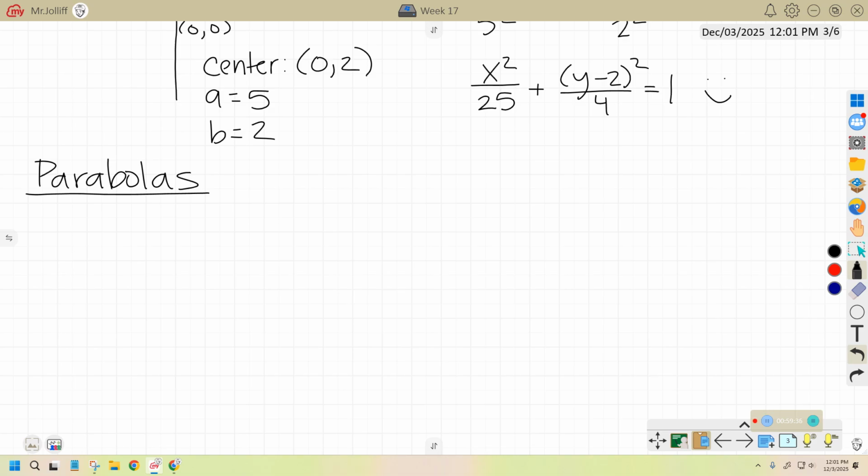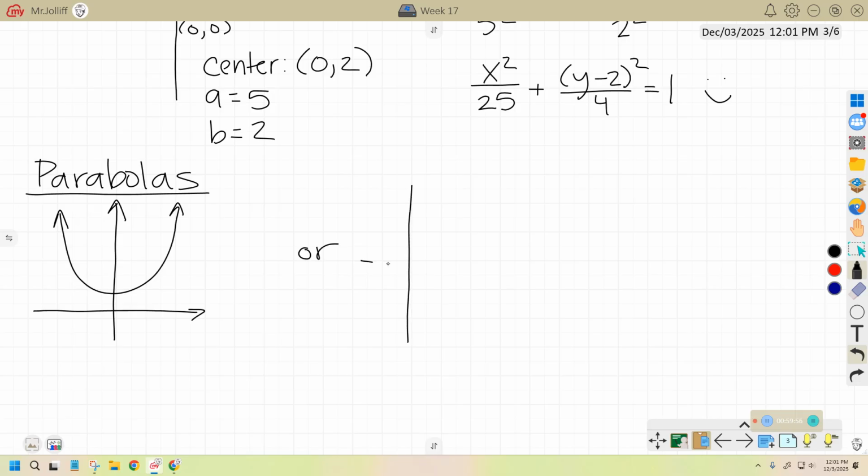Most conic sections are not going to pass the vertical line test. So we have 2 options: one of these or one of these.